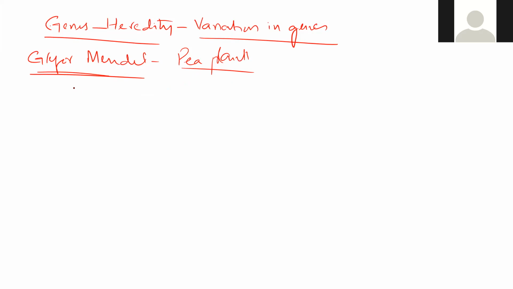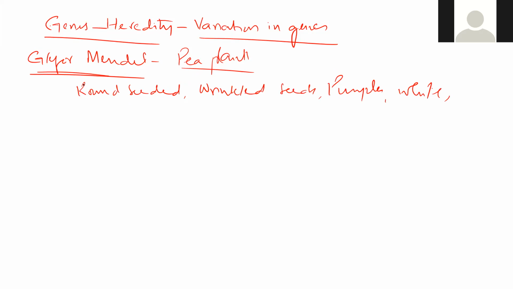So he had round seeded plants and wrinkled seeded plants. He had purple flowers and white flowers. He had yellow color of seeds versus green color of seeds.